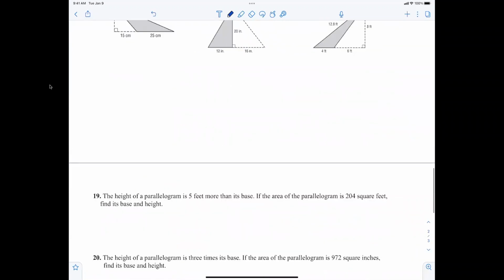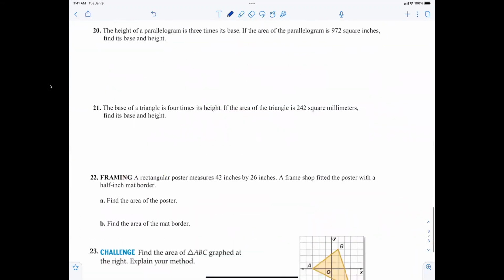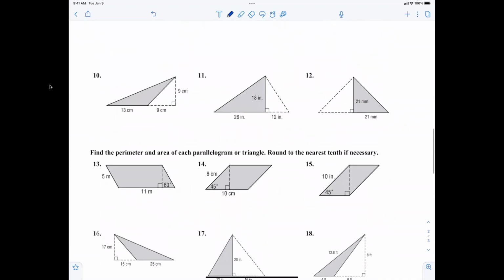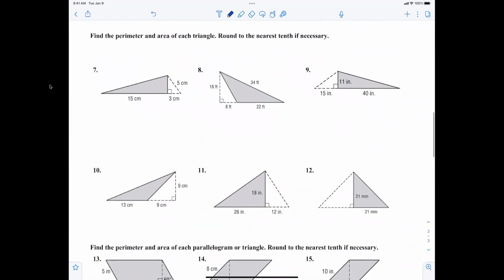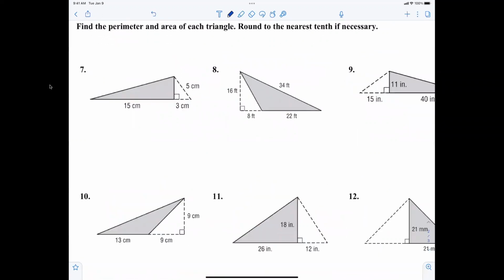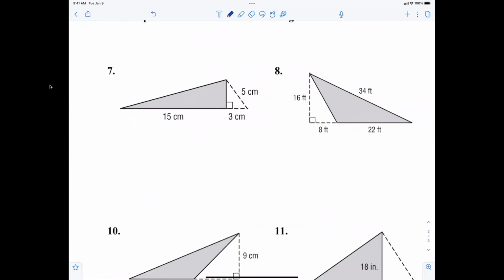All right, I'll do a couple of these with you. Perimeter and area of each triangle. So what's the height of the shaded triangle, someone? 4, beautiful. Is there anything common with 15 and 4? No, right? So now, come on.